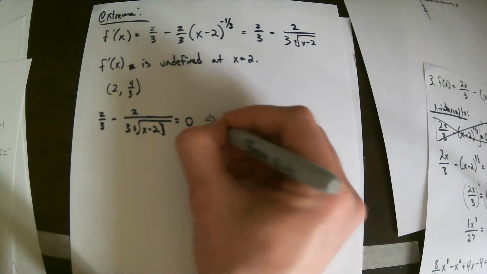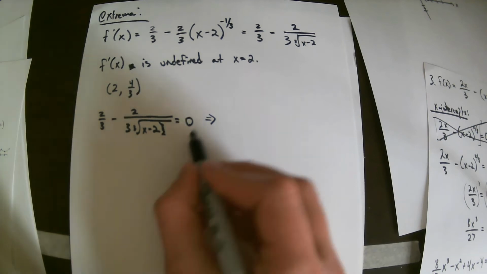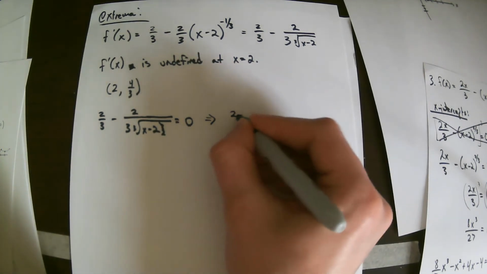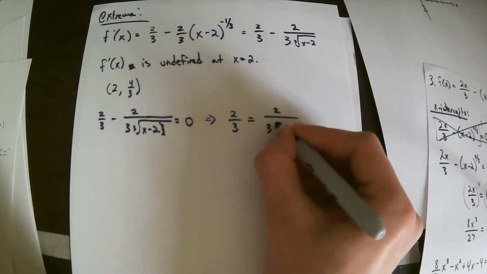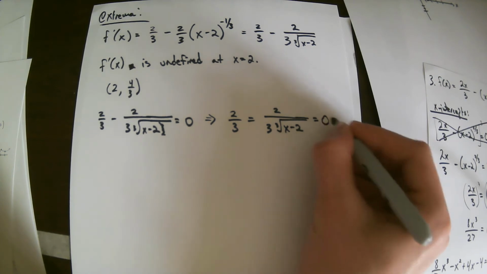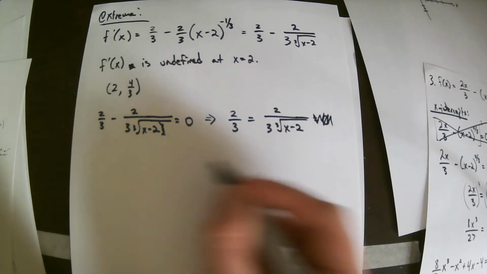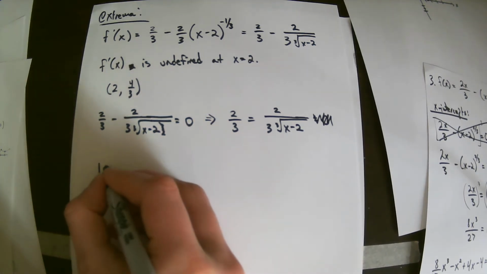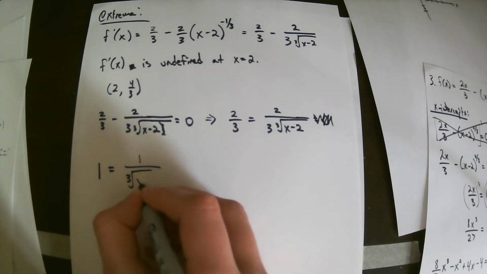Well, add this part over, so I've got 2/3 is equal to 2/3 over the cube root of x minus 2. Oops, no, not equals 0, equal to each other. Divide by 2/3 on both sides, and I'm getting 1 is equal to 1 over cube root of x minus 2.